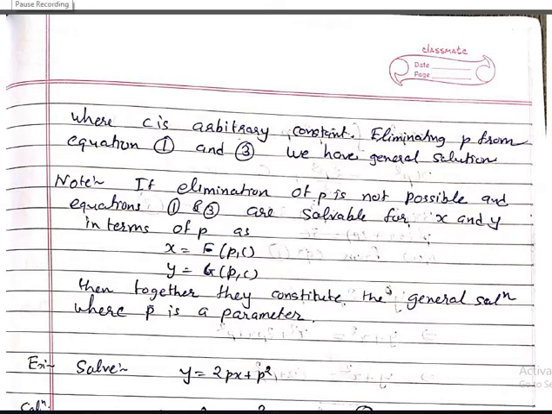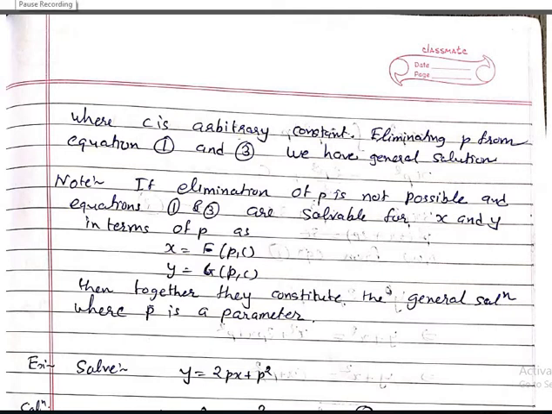In that case, we are going to write both x and y in the form of p and c. So x is some function of p and c, y is another function of p and c, where p is a parameter.